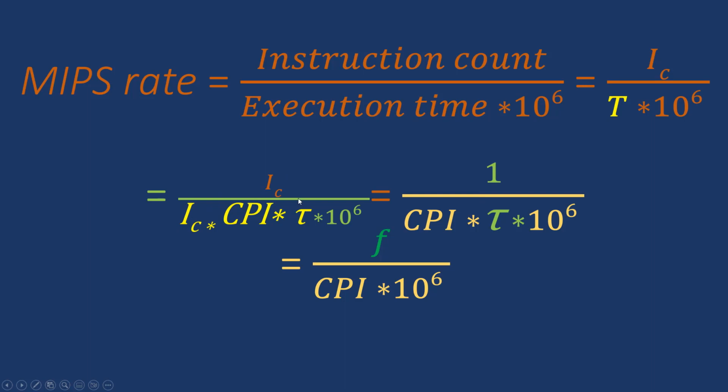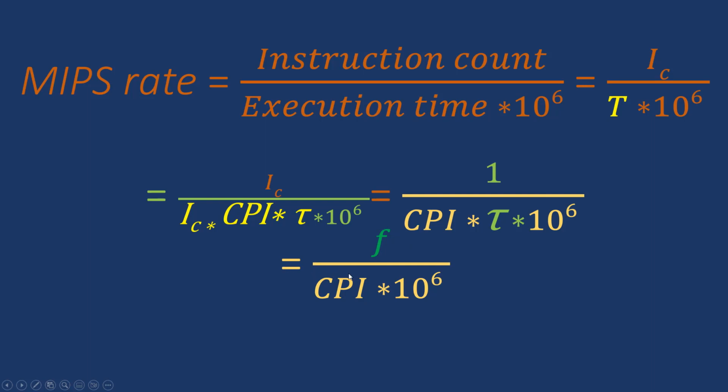These two cancel. After canceling, the top is 1, and the bottom has these 3. Since we know 1 over f is tau, and 1 over tau is f, this one is actually represented by the frequency.